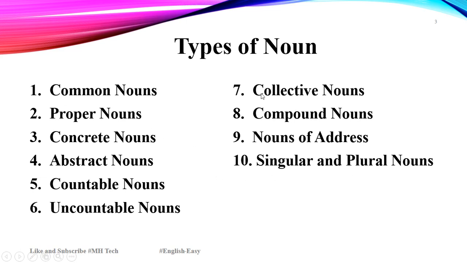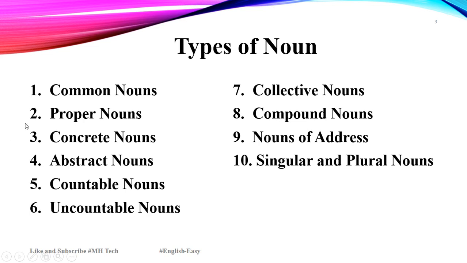We will discuss all these parts of nouns in English. In the next video, I will study some remaining parts. In the first part, I will study common noun, proper noun, concrete noun, abstract noun, countable and uncountable noun.